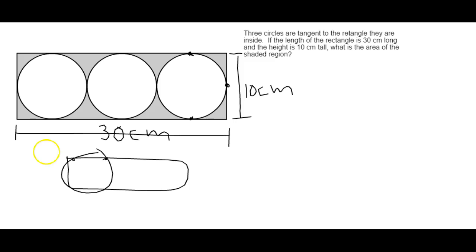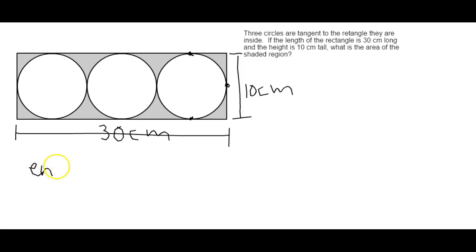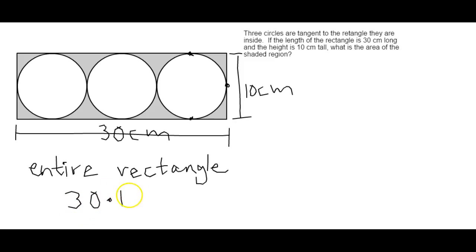With the current information, we can easily find the area of the rectangle. The entire rectangle is length times width, or 30 times 10. So 300. But we want only the shaded region. We want the space between the circles and the rectangle.